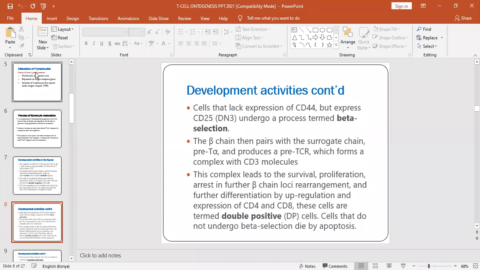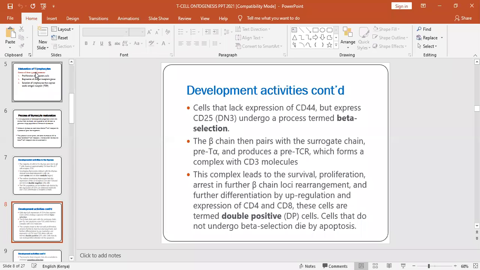Now, the development of these CD44 and CD25 cells, as we know, is termed beta selection. When they lose these antigens, they are referred to as undergoing beta selection. And the reason is that it is part of the training, part of the process of development.